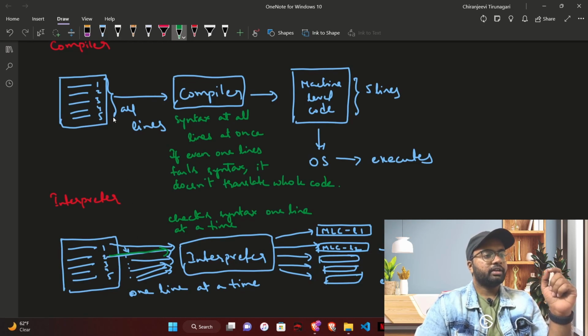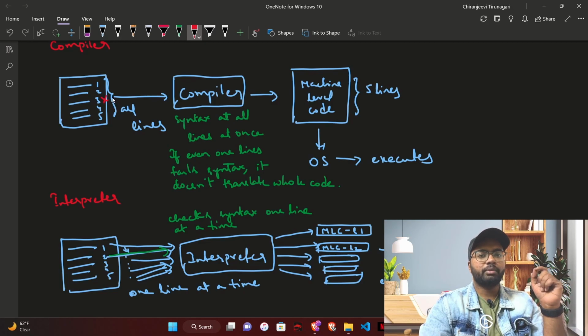So let's say, in the case of the compiler, the third line has some syntax problem, we are not following the particular syntax of that programming language. The compiler doesn't take any of these lines, because even if there is a problem at one line, it doesn't convert any lines.